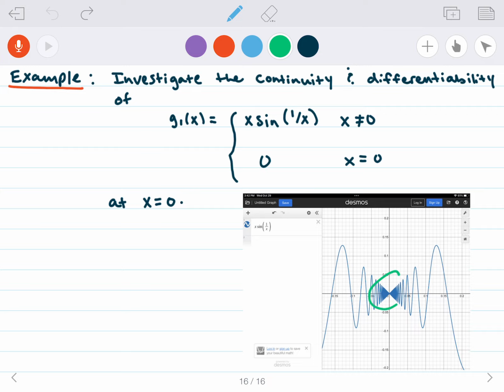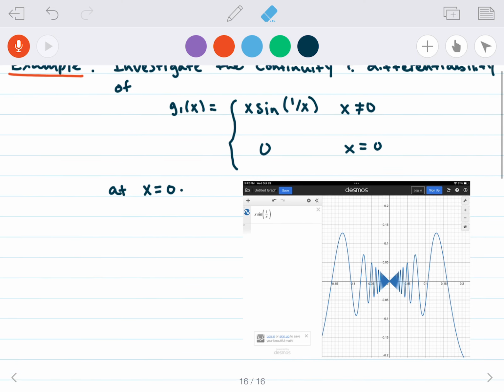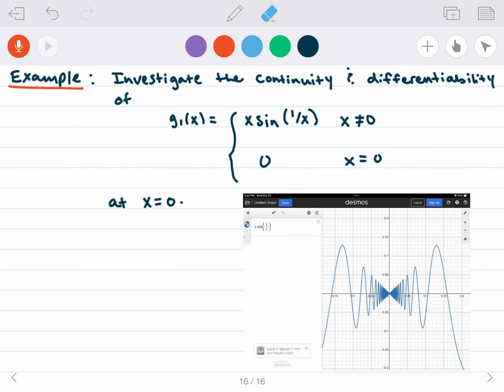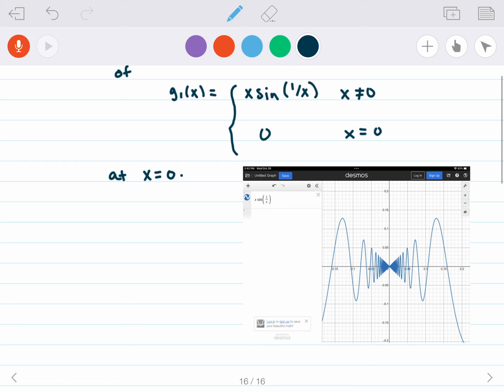Notice that we're still oscillating like crazy around x equals 0, but the oscillations are getting smaller and smaller and smaller. And so this is going to allow us to achieve continuity at 0. But I'm going to claim that even though this thing is continuous at x equals 0, it isn't differentiable at x equals 0. So let's go ahead and prove this.